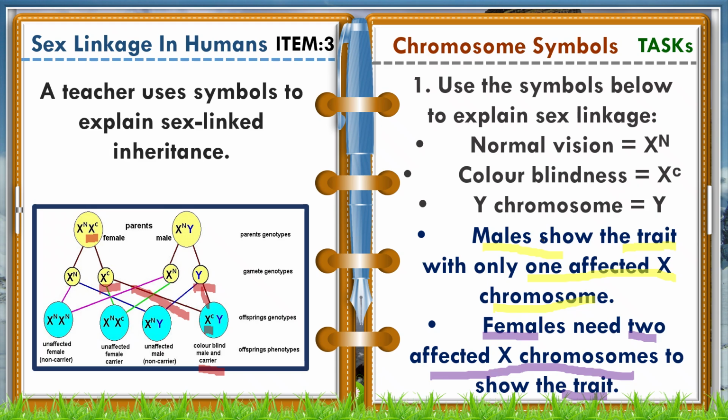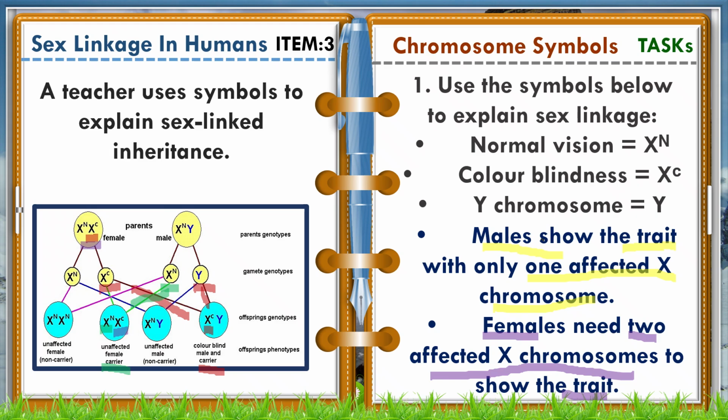But when you look here, this affected X chromosome will go to this girl, but the girl is going to get a normal X chromosome from the father. And when she gets the affected X chromosome from the mother, she will become a carrier, but with normal vision.